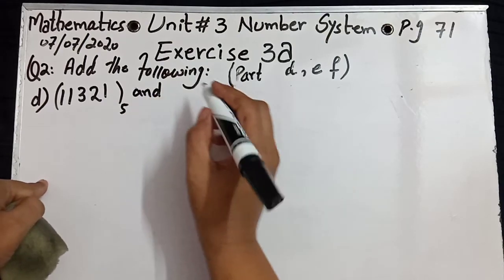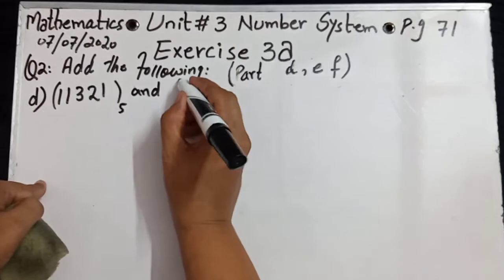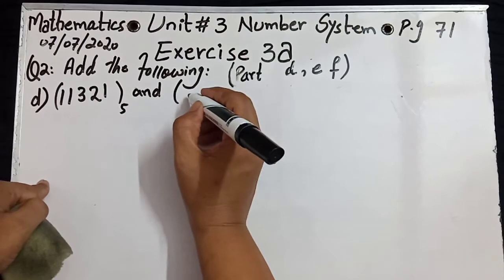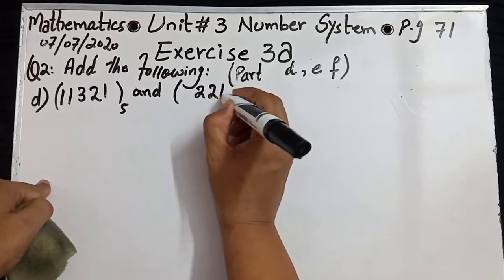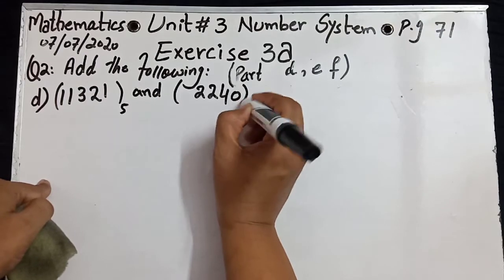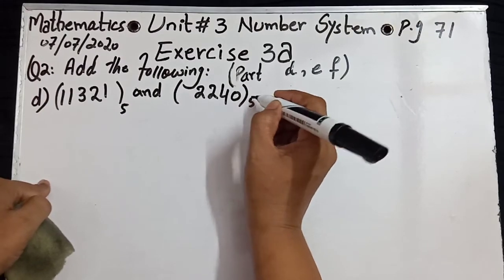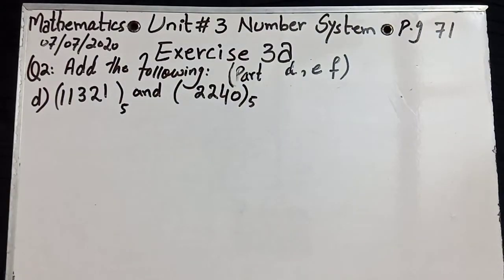Okay, but both are correct. It's up to you. Use the plus sign or "and". 2240 base 5. Okay, just check your question. 11321 base 5, 2240 base 5. Add them.